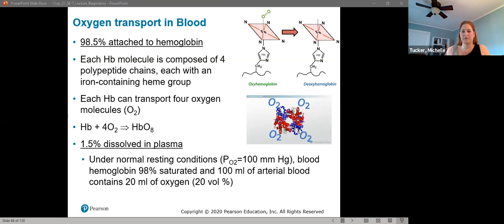Each one has a heme group, and each heme group can bind an O2. So a fully saturated hemoglobin is hemoglobin plus 4 O2, written as HbO8. Under normal resting conditions, hemoglobin is 98% saturated, and once we get to the venous part, it's about 75% saturated.